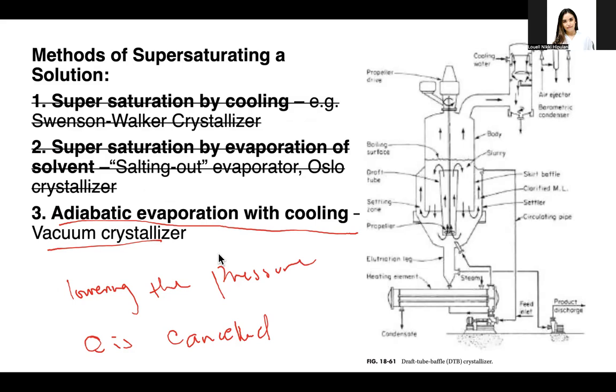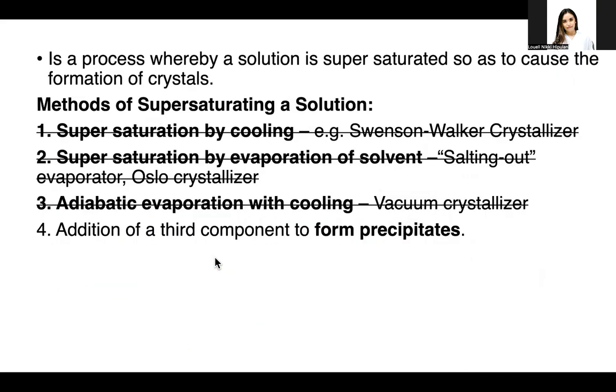The next method of supersaturating a solution is the addition of a third component to form precipitates. So the presence of additional solute will promote precipitation of solids from a saturated solution of a desired solute.